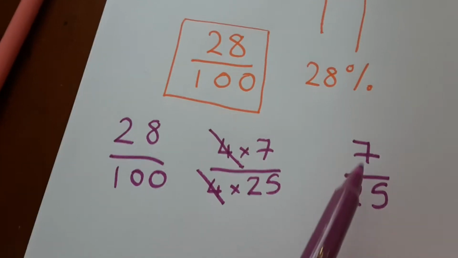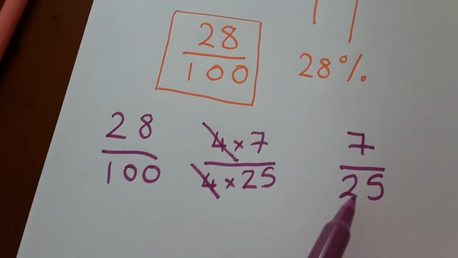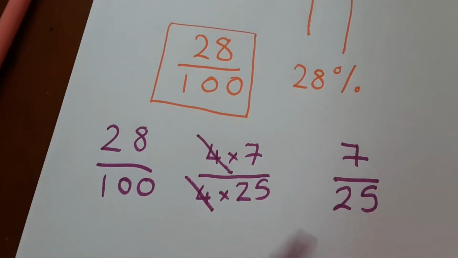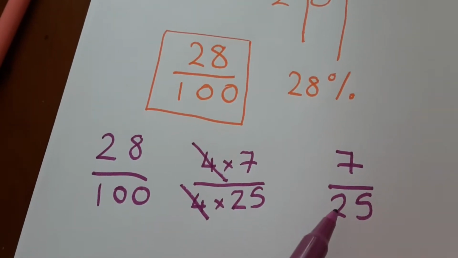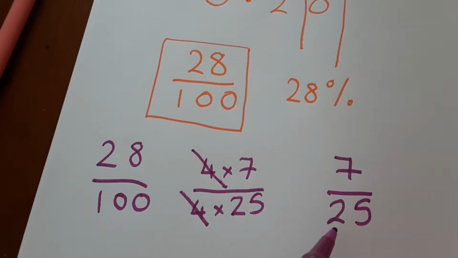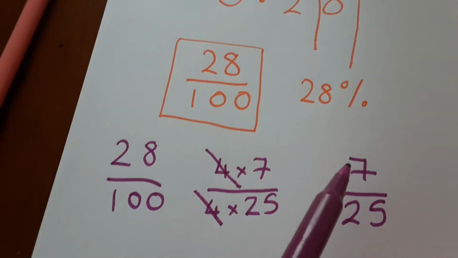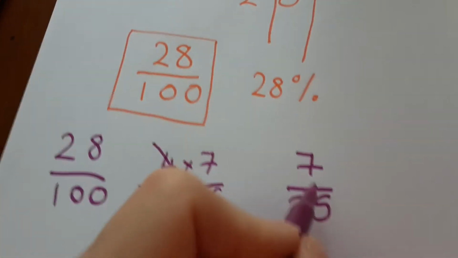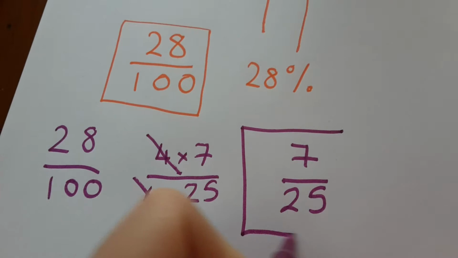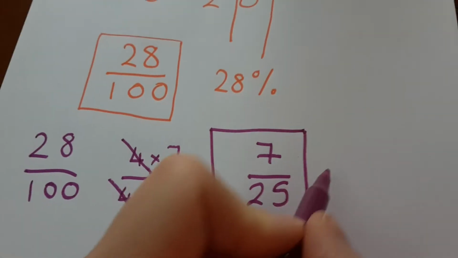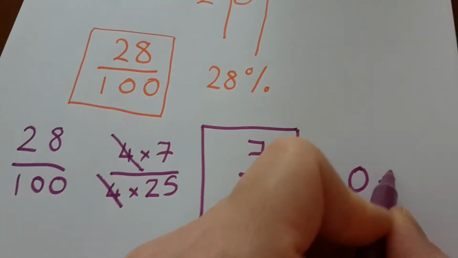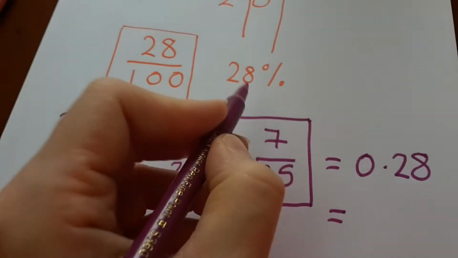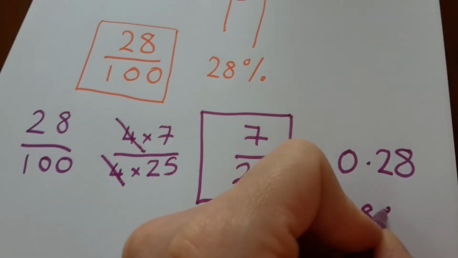So as long as this prime isn't a factor of the bottom number, the denominator, I don't have to do any more work. 25 isn't in the 7 times table, so I can stop now. I know that this is my fully simplified fraction, so that is the same as writing 0.28 as a decimal, or, as we showed earlier, 28%.